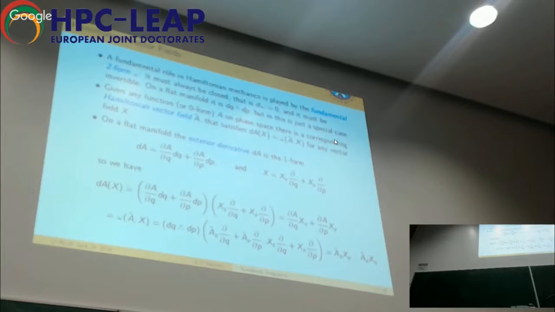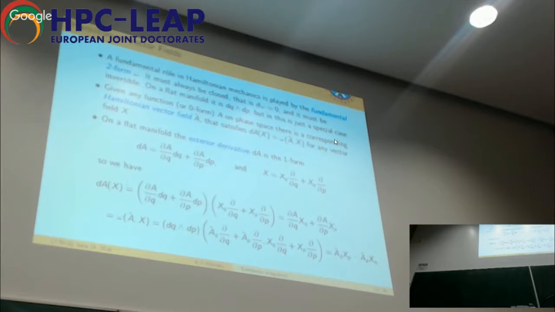So let's consider, on a flat manifold, let's keep things simple, the exterior derivative dA of the zero-form A is a one-form, and I can expand it in the local basis dq and dp of the one-forms. So it's dA by dq times dq plus dA by dp times dp. So in this case, the exterior derivative is kind of a gradient operator. Okay, it's like del, so it's something I'm familiar with.